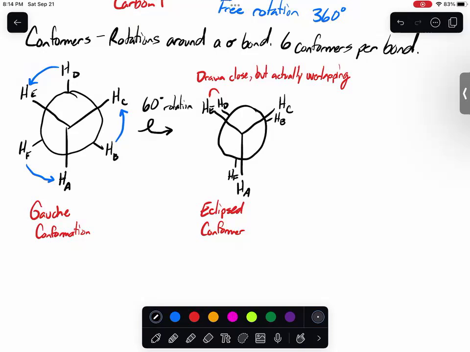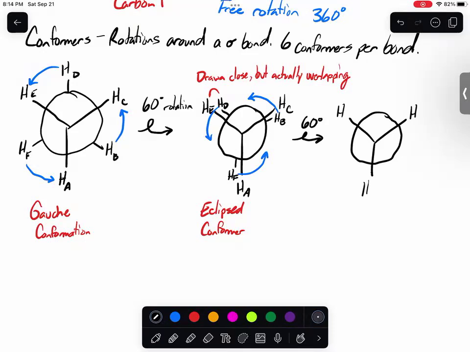Because if we do another 60-degree rotation around this bond, HB is now going to go 60 degrees, which will put it up there. HD is going to go 60 degrees. HF is going to move 60 degrees. And so we end up in a situation where once again, the front carbon's hydrogens do not move.